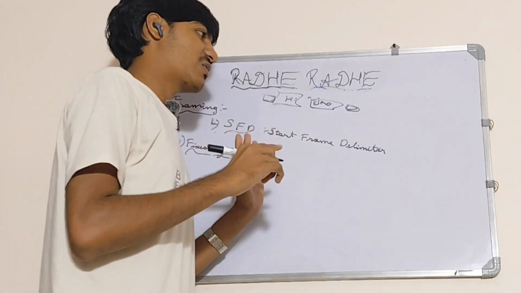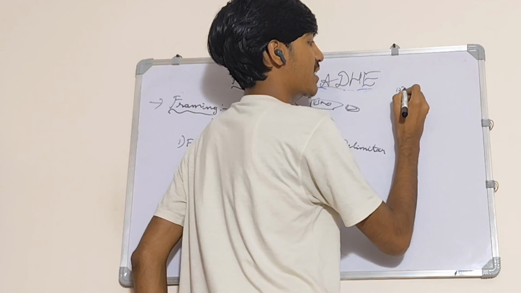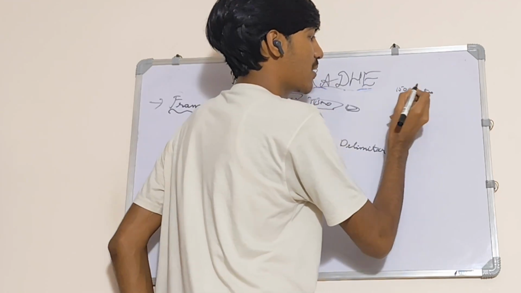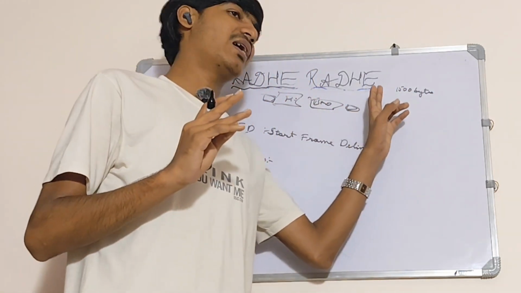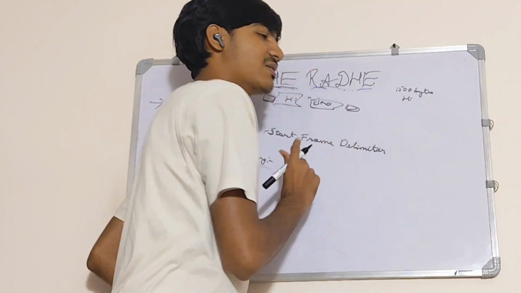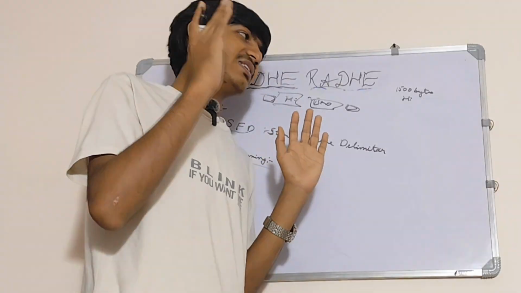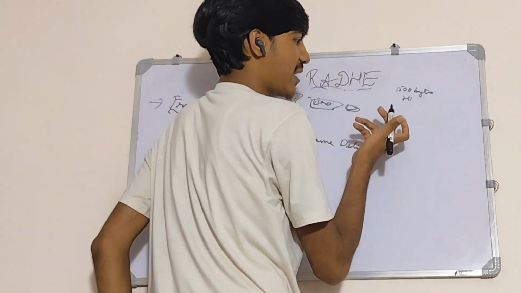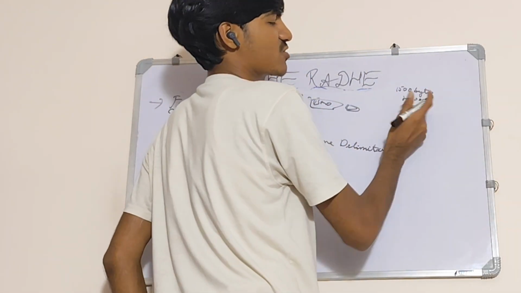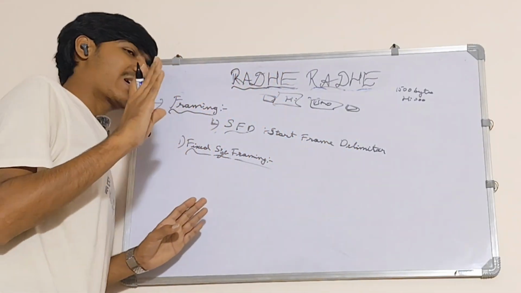Suppose I want to keep my single frame at 1500 bytes. A single message, like hi, must fit into that, and if the remaining space is wasted, we will just put padding with default values like 0 0 0 0 0. Getting the point?